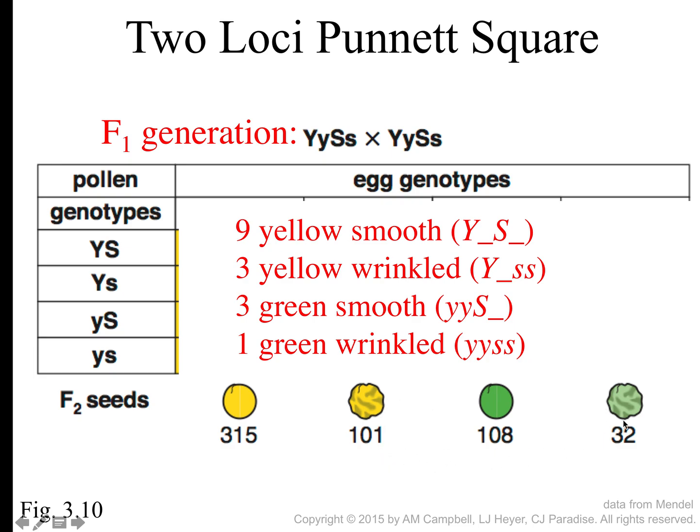So if we just consider one trait, like color, that's still about 3 to 1. Or smooth, that's still about 3 to 1, round over wrinkled. But the two traits together, 9 to 3 to 3 to 1 is the phenotype ratio.